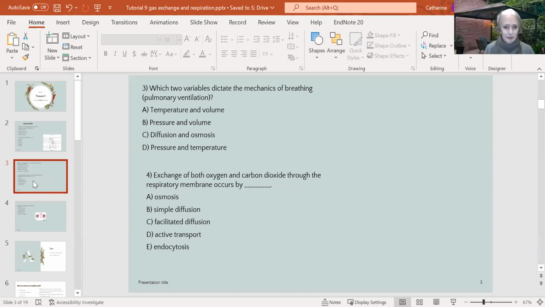Good. There are a few red herrings in there because temperature does actually come into it in a way, but it doesn't dictate it. It may adjust it slightly. Okay. Exchange of O2 and CO2 through the respiratory membrane occurs by what?